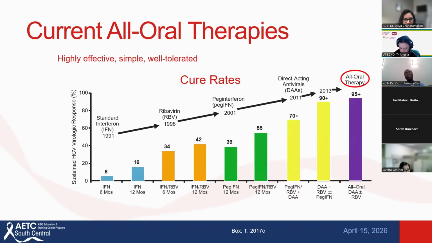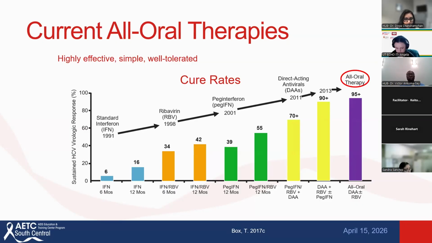Initially, during the phase of interferon therapy, you will notice the sustained virologic response percentage, which I noted in the y-axis here on the slide, was very low. But currently we have DAAs, direct-acting antivirals, for therapy of hepatitis C, and we have an extensive SVR rate, or sustained virologic response rate, which is over 95%.